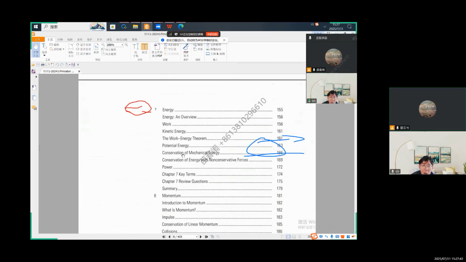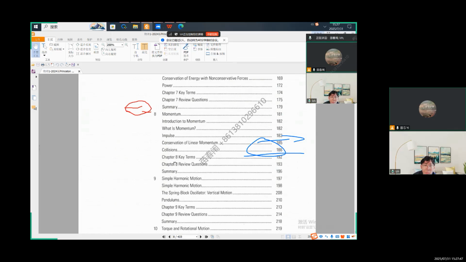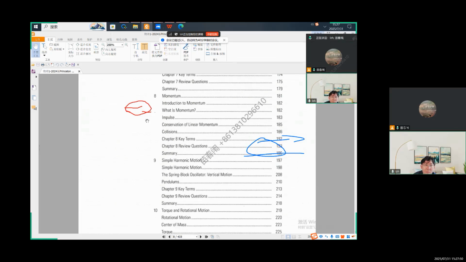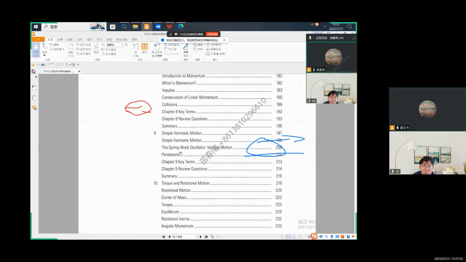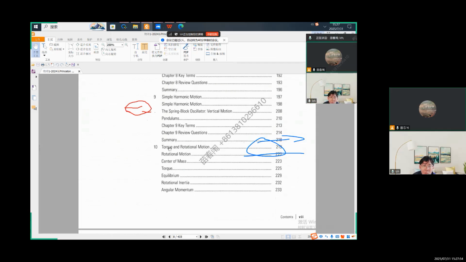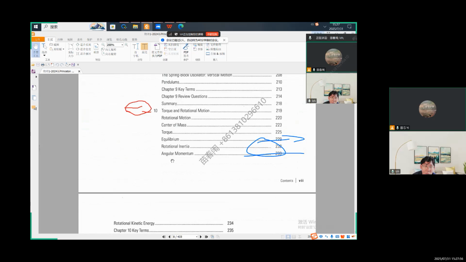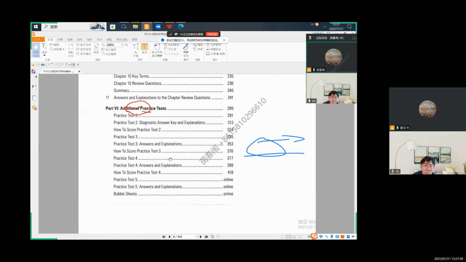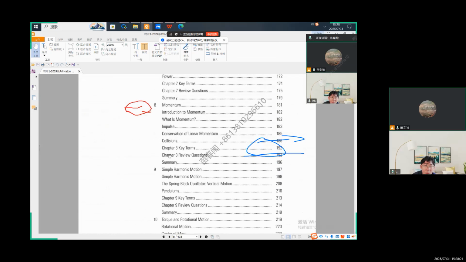Is energy hard? Yeah, energy is a little bit difficult. What about momentum? Momentum is okay. Simple harmonic motion is a little difficult. And rotation is a little difficult because it involves angular velocity.